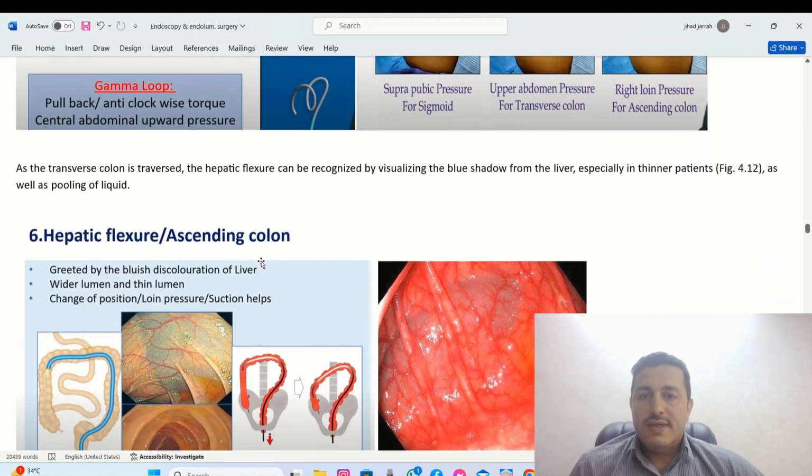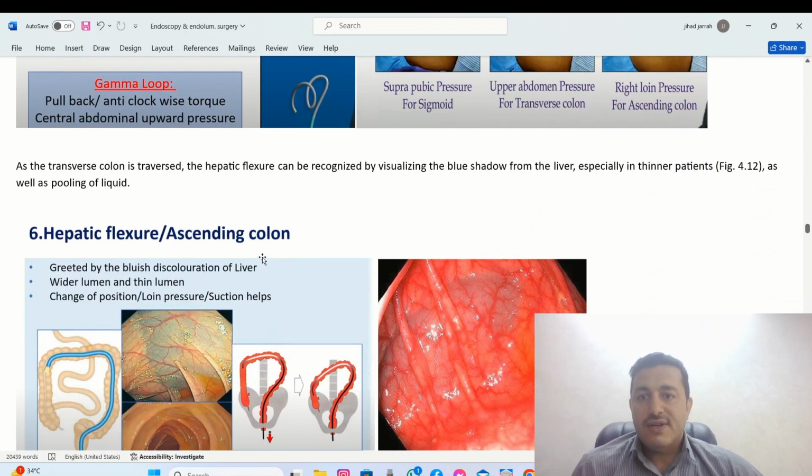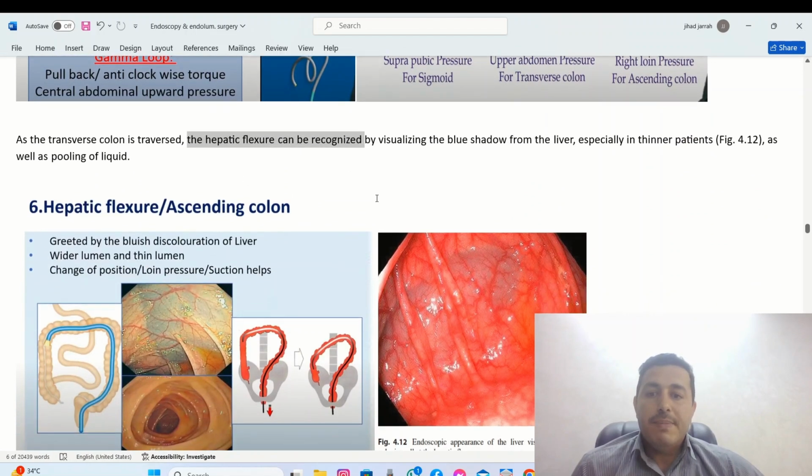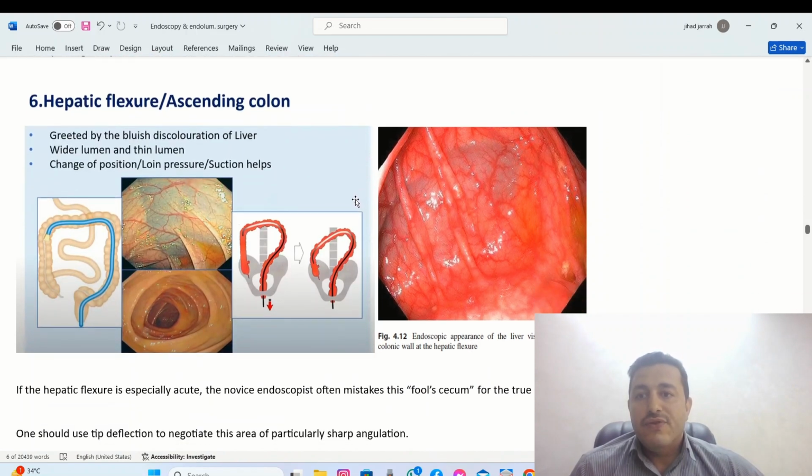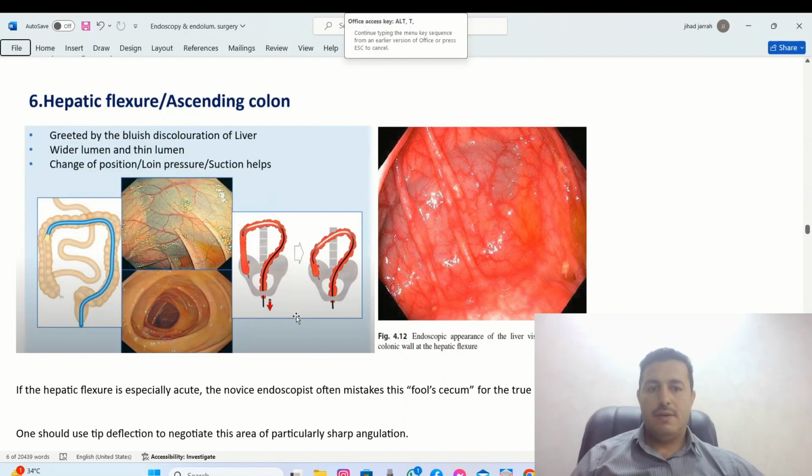As we said, the transverse colon is completed when we reach the hepatic flexure, and the hepatic flexure is confirmed by the bluish discoloration of the liver, as you see here. We reach the hepatic flexure and the ascending colon.